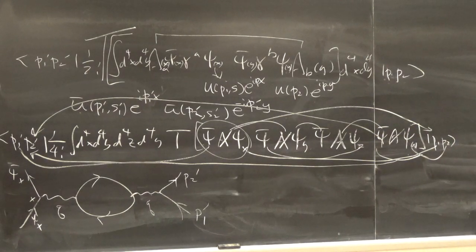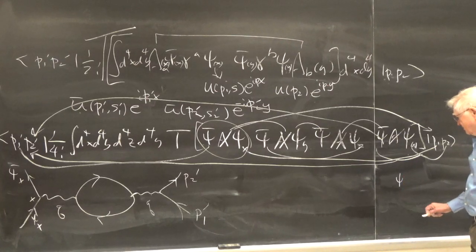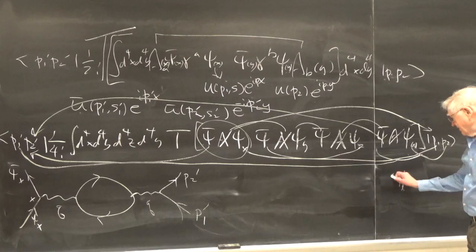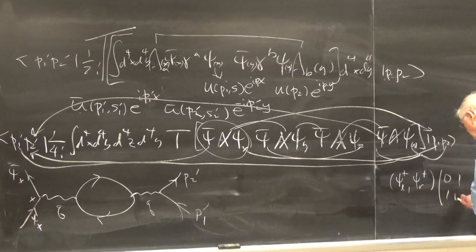And if you look at my chapter on group theory and on the 2x2 representation of the Lorentz group, and then the Dirac representation, what you've got is this: psi left dagger, psi right dagger, then 0, 1, 1, 0, then some gamma A, and then you have psi left, psi right.